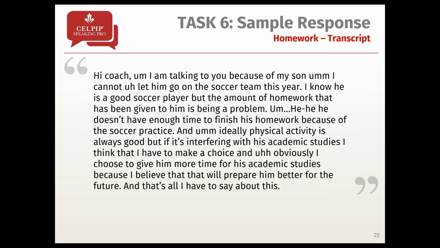I think I was just looking at some notes from another response. I apologize. So ignore that last comment. Okay, so vocabulary is actually very strong. He's using terms like academic studies, physical activity is good, but if it is interfering with his academic studies, I have to make a choice. Wow, that's a very high level. Prepare him better for the future. So these kinds of things are very useful in pulling his mark up.